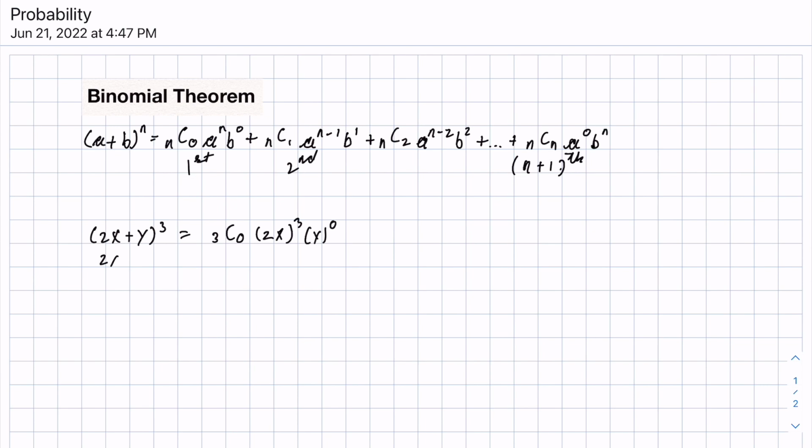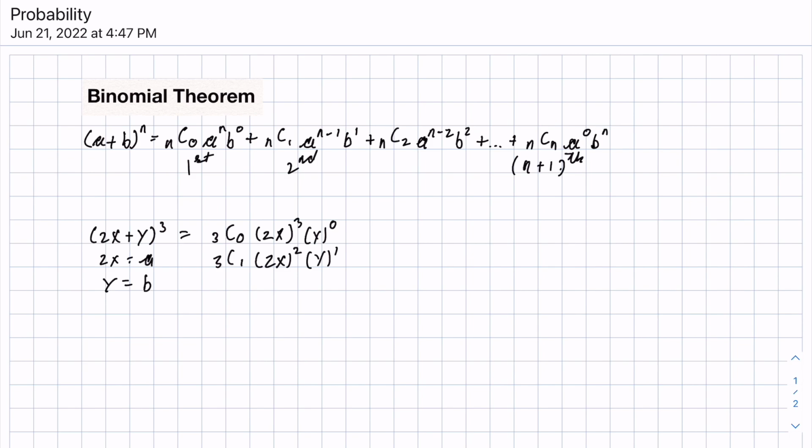The 2x is considered a, and the y is considered b. 2x is taken to the power of 3 minus 0, which is 3, and y is taken to the power of 0. And then our next term will be 3 choose 1, with 2x taken to the power of 3 minus 1, which will be 2, and then y taken to the power of 1.